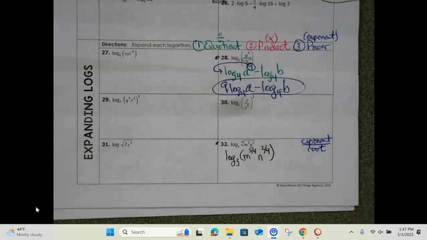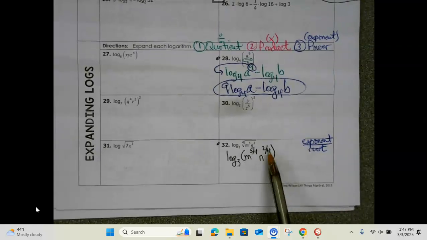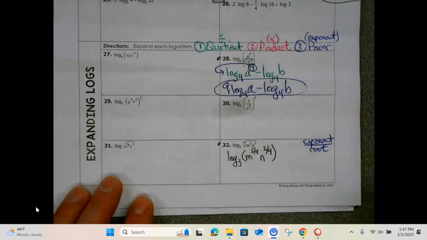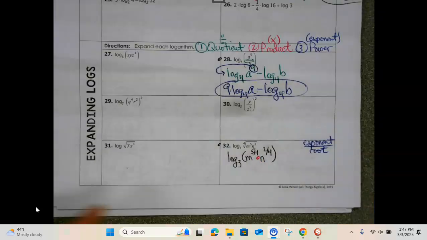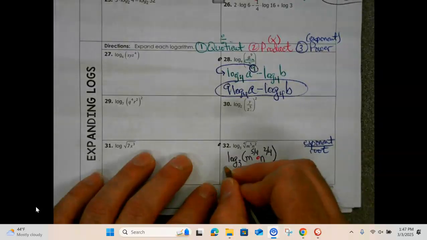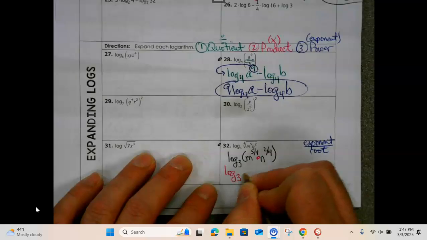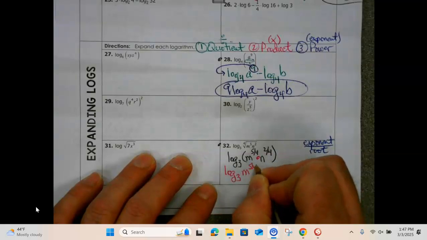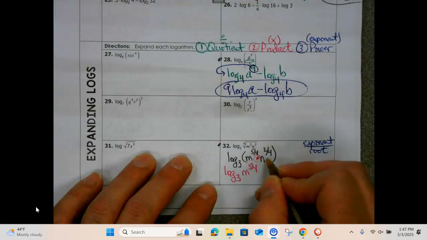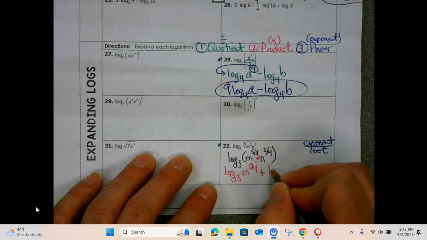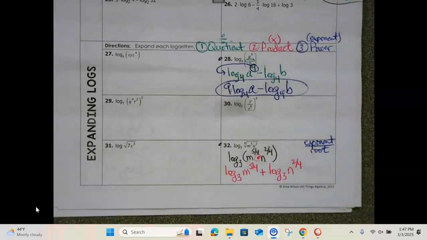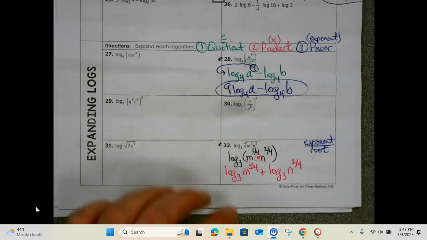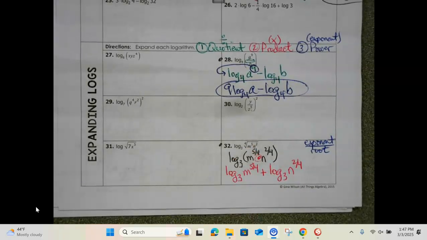No division this time. There's no fractions. I mean, there's fractional exponents, but not division like these. So none of those. Product we do have. Okay, we're doing m times n. So here, when I go to expand, when I get to the multiplication part in between m and n, we're going to have a plus in there. So multiply became add.